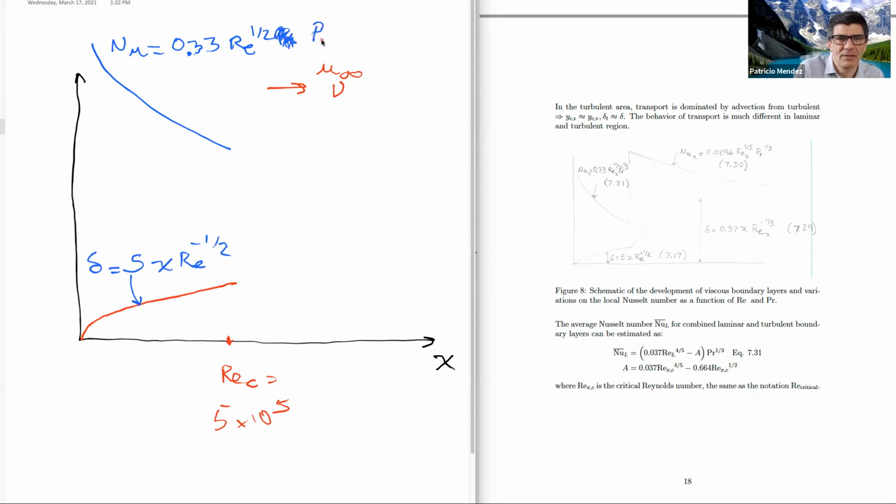This is Prandtl to the 1/3. Question to you: if I give you two choices of fluid, I didn't say what fluid this is, but if I tell you this fluid is either molten sodium or water, what would you tell me the fluid is?